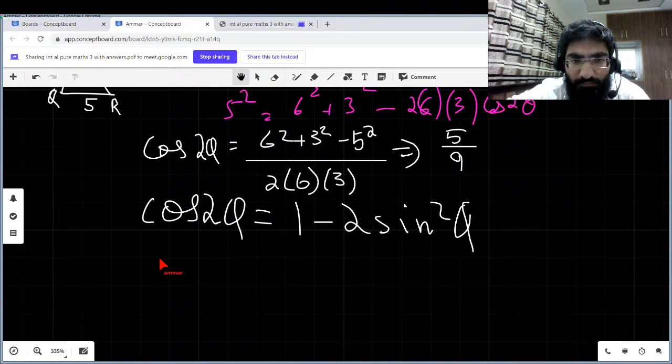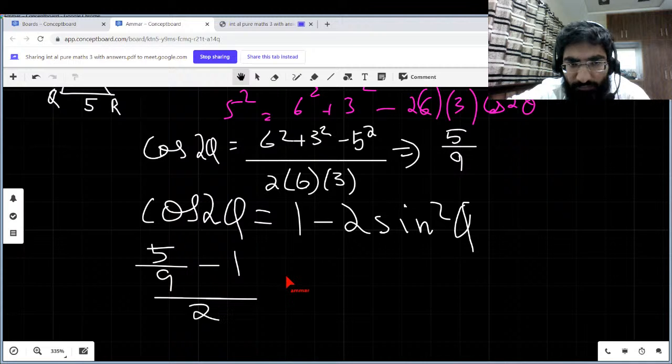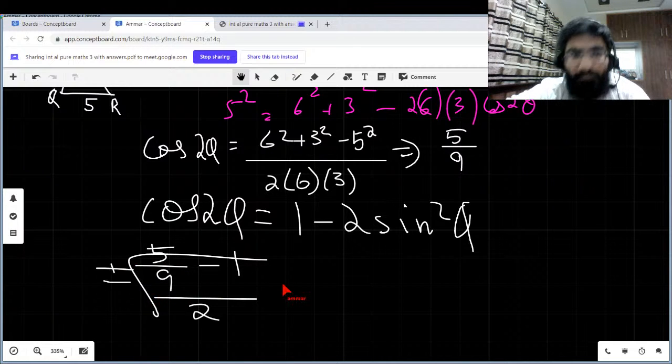Theta. So that means it's (5/9 minus 1)/2, whole root plus minus, is equal to sine theta.